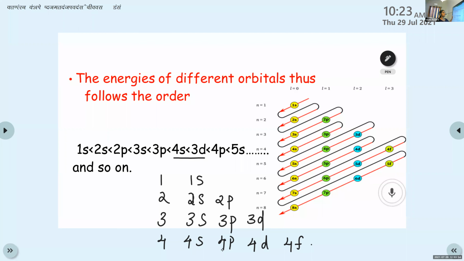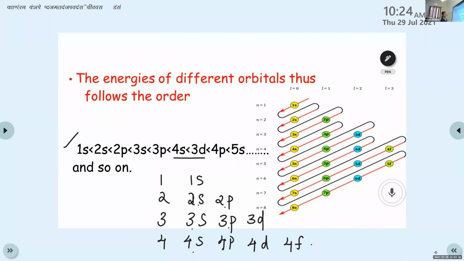The reason for this variation in energy in the case of 4s and 3d is based on one rule. Have you copied this order of energy? Yes, ma'am. Then the reason for this.